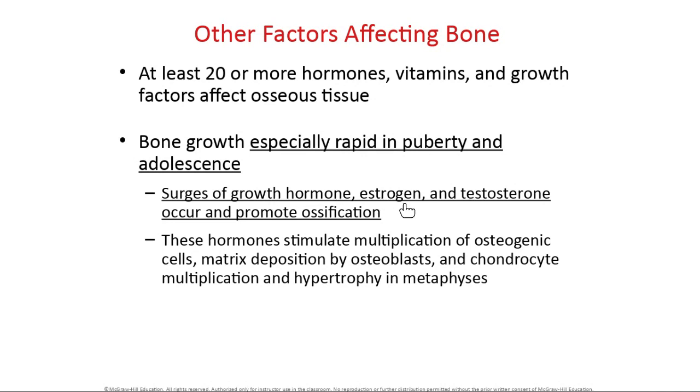Estrogen and testosterone, remember, we're having a surge of these hormones at puberty, and these are going to affect bone growth and also increase activity at the epiphyseal plate, sort of indirectly, but yes, very important roles these two play.